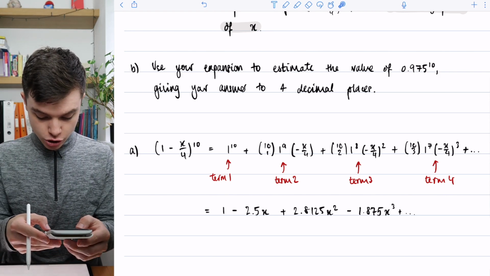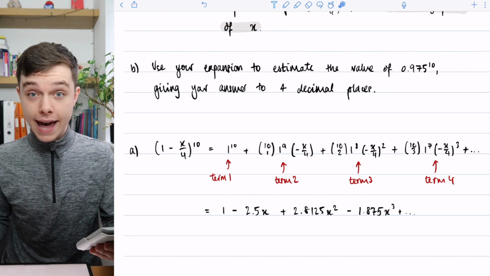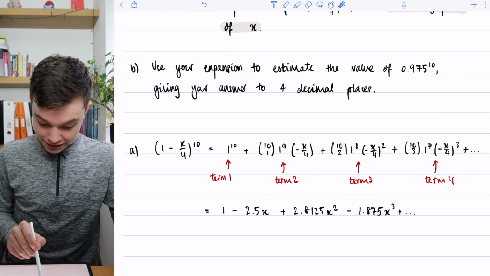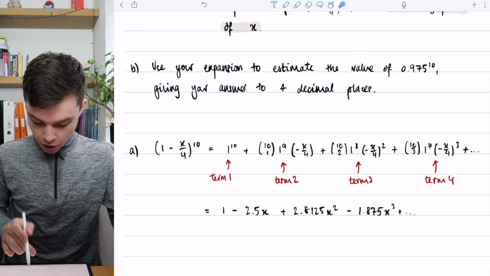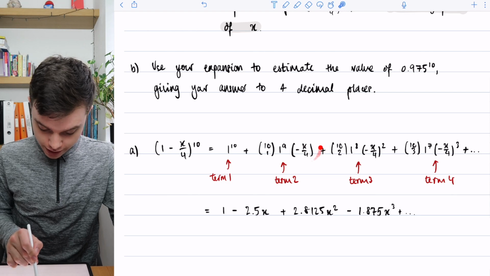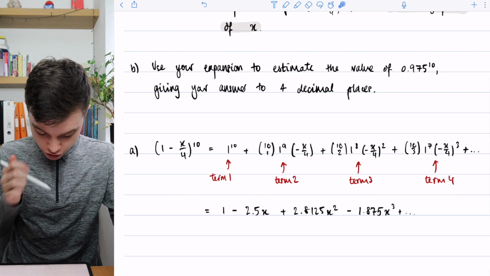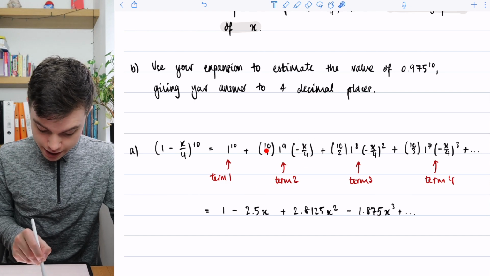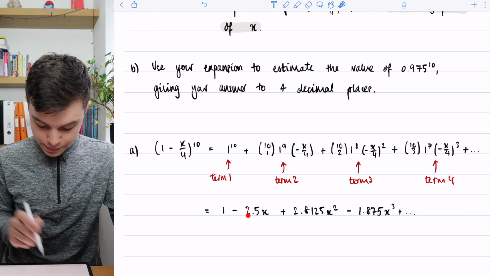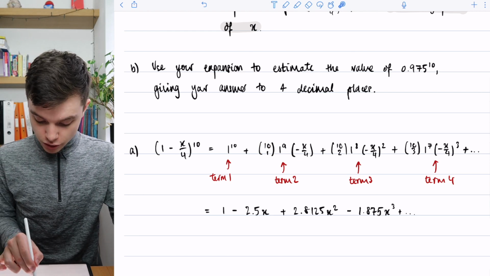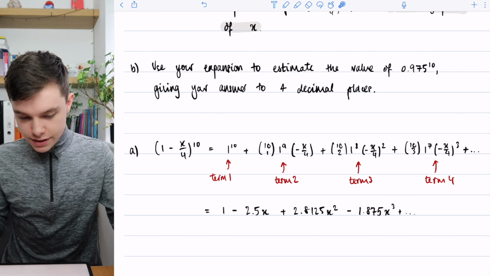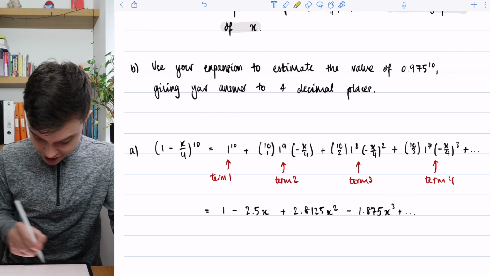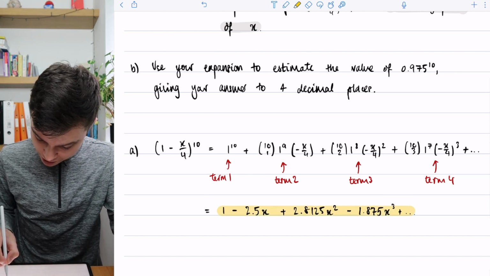Give me a minute. 10 choose 1 is 10. And then 1 to the 9 is just 1. And then we've just got this on the end of it. So we're going to get a negative from here. 10 choose 1 is 10, so it's 10 divided by 4, which is 2.5. And of course, we've got the x there as well. Do the simplification for the other 2, and then this is your final answer for part A.